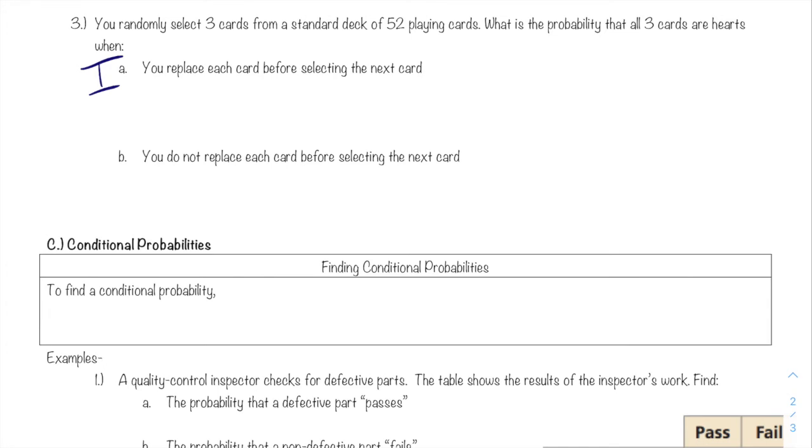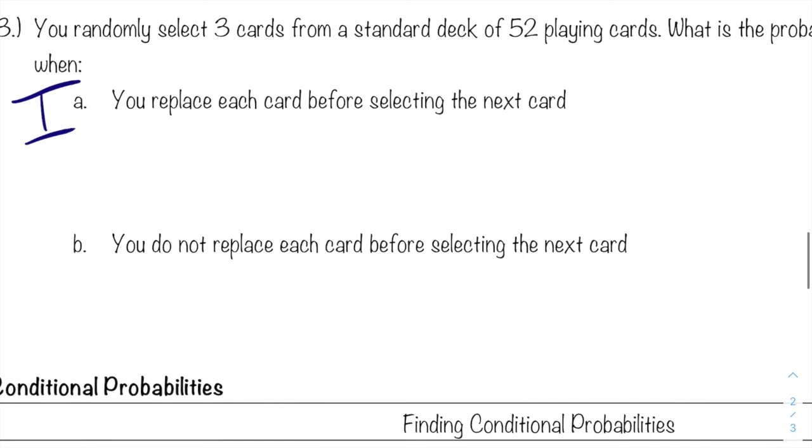So if I'm drawing a heart, and I'm replacing it each time, there are 13 out of 52, which, since there are 4 suits, you could really just reduce to 1 over 4. 13 out of 52 still reduces to 1/4.